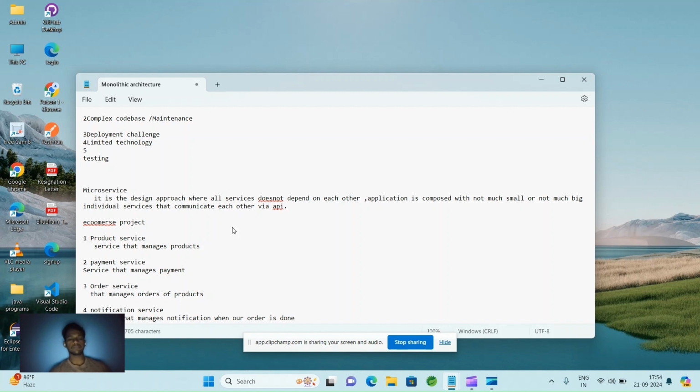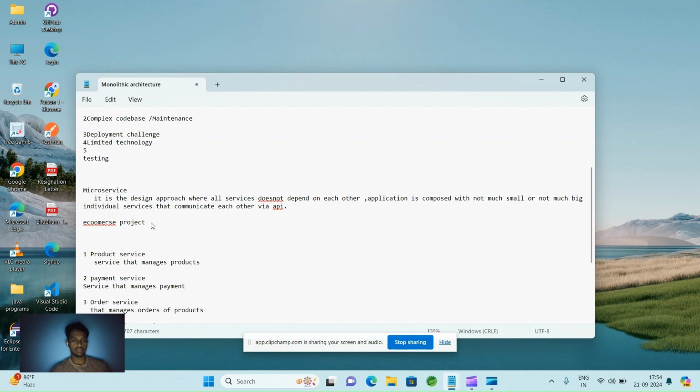Done or whatever about our project. Okay, authentication, that manages users.